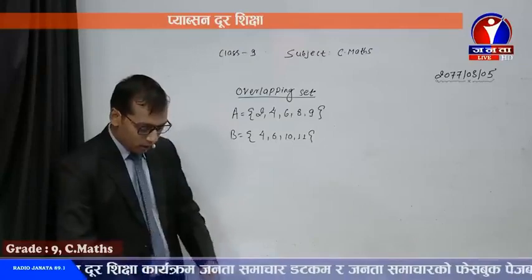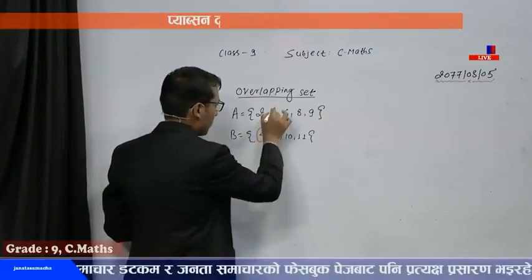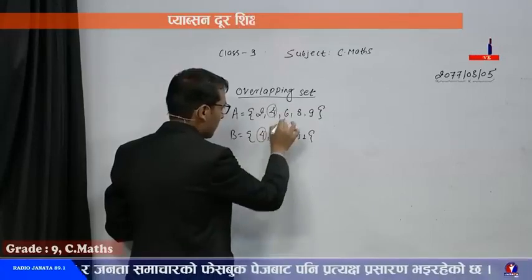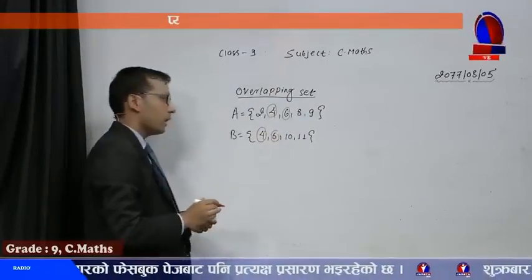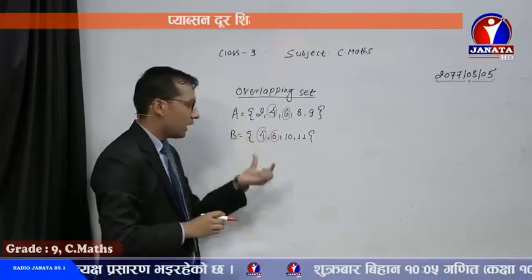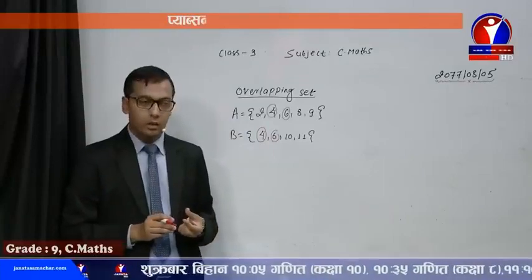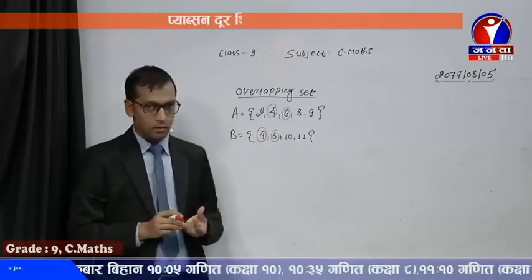So here the common elements of the two sets are: 4 is common, 6 is also common in sets A and B. So these two are the common elements, and such types of sets are called overlapping sets.